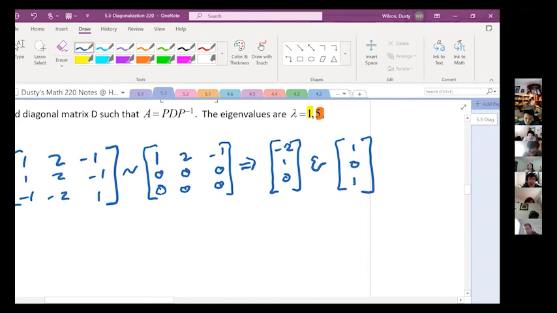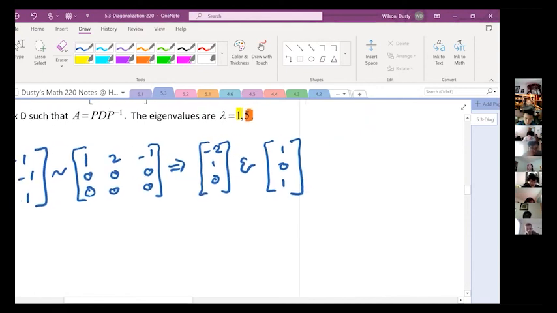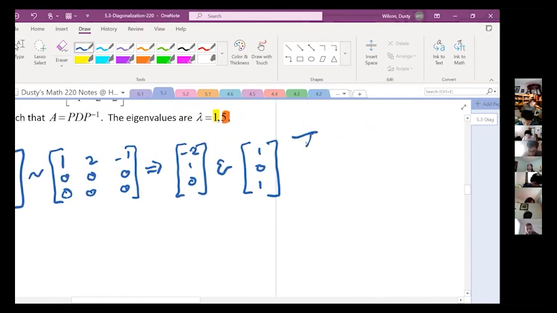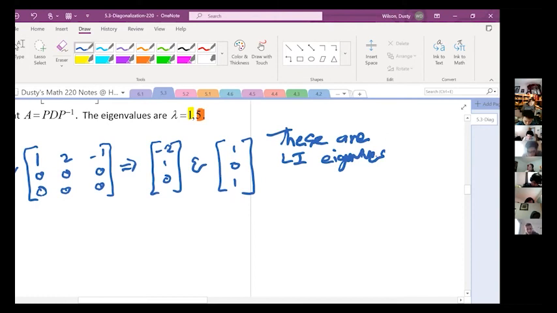So what are these? These are the eigenvectors that correspond to lambda equals 1. These are linearly independent eigenvectors to lambda equals 1.